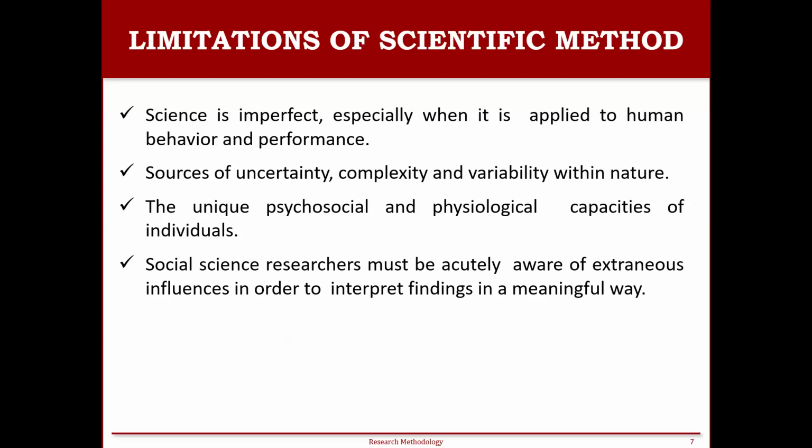When we are dealing with science, when it comes to the scientific method, the limitation means we always deal with, especially when we deal with physics and chemistry and biological science, this type of field, we follow some fixed laws, right? Gravity related laws and other laws. We deal with some fixed laws.